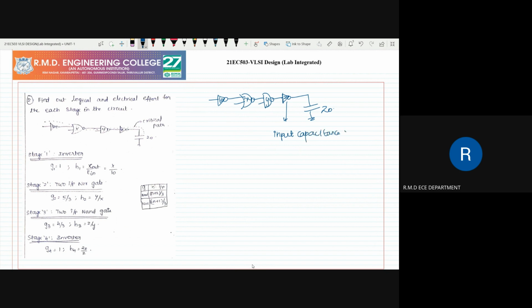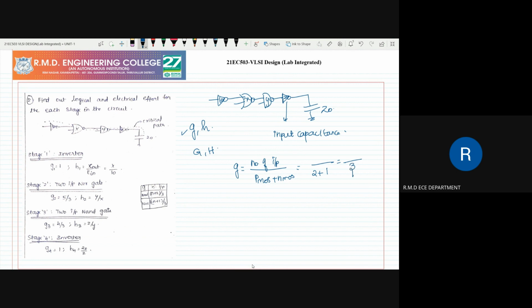The question asks for the logical and electrical effort, meaning they are asking about g and h for each stage, so it is in small letters. If it were path-wise, you would find capital G and capital H. The formula for g is the sum of the PMOS ratio plus the NMOS ratio, divided by 3. The width of the PMOS is 2 and the NMOS is 1.